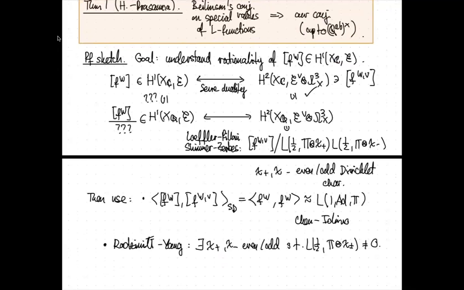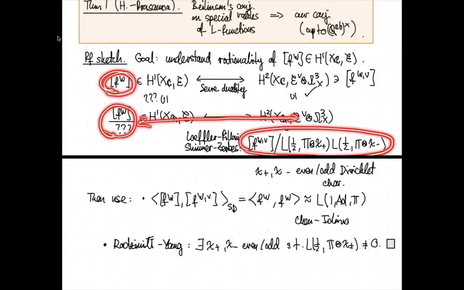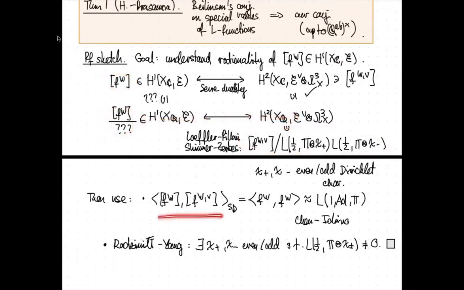Okay, so I didn't really prove anything, but I'll still draw a square. So far what we did is we took this form, and we want to understand its rationality. Via Serre duality, we related it to understanding this rationality and the Petersson norm.